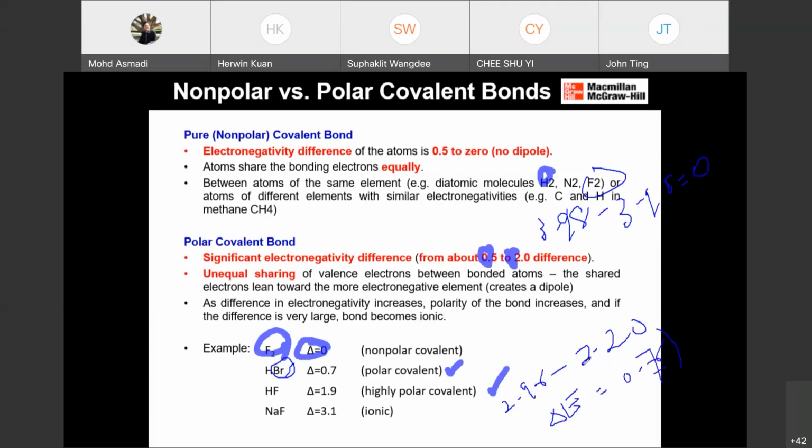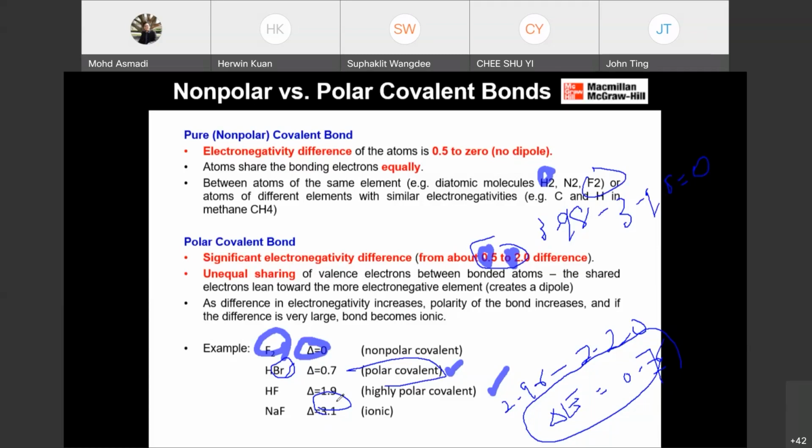So it's polar covalent. It's between 0.5 to 2, right? But more than 2, like this one, and it becomes ionic. So mostly if it is 0 to 0.5, that one is the covalent bondings, non-polar. And then 0.5 to 2, okay, that is mostly polar covalent bondings.